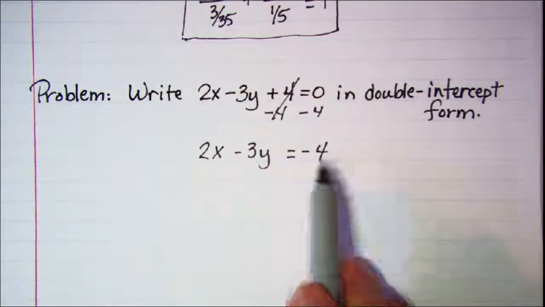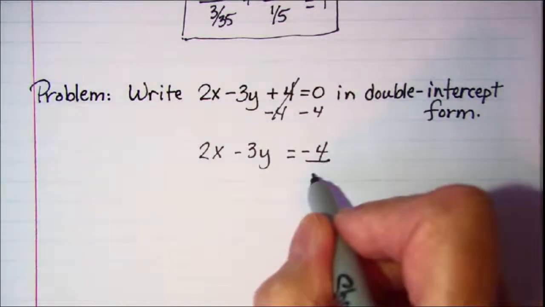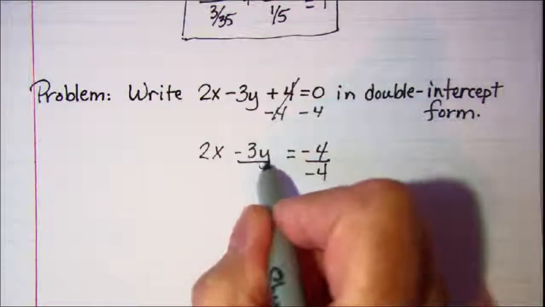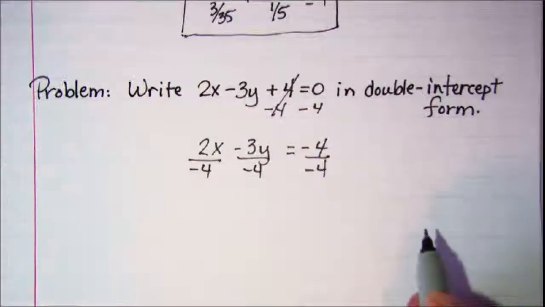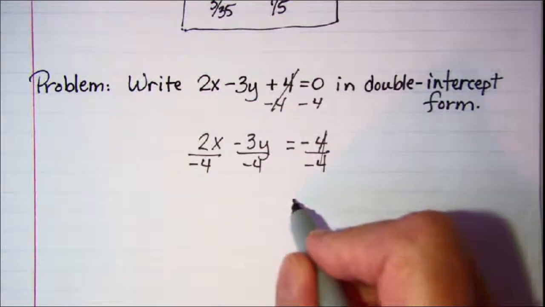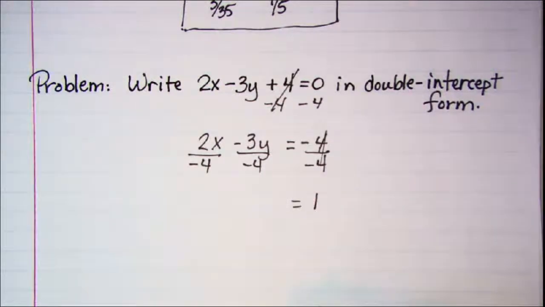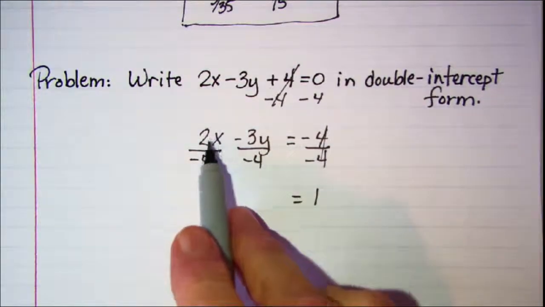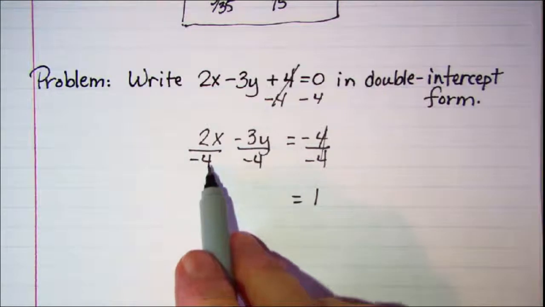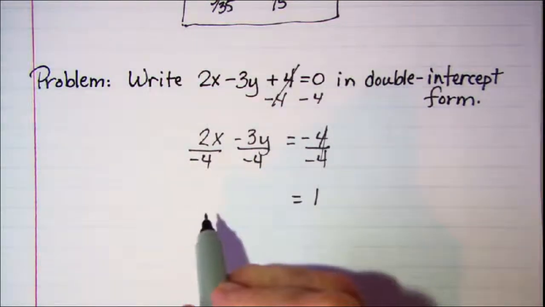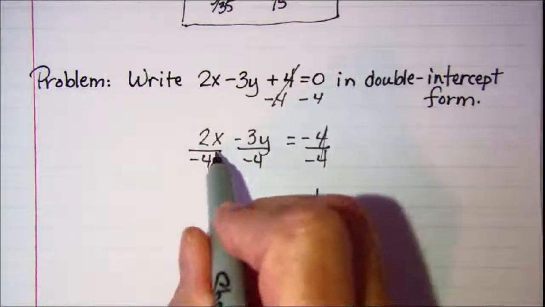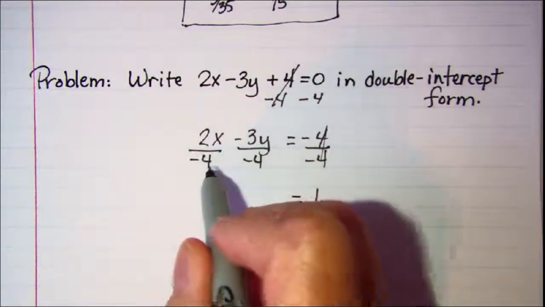Since I want a 1 here, I'll divide every term by -4. This becomes 1 on the right side. And I'm going to simplify before I do any more. 2 over -4 is the same as 1 over -2.